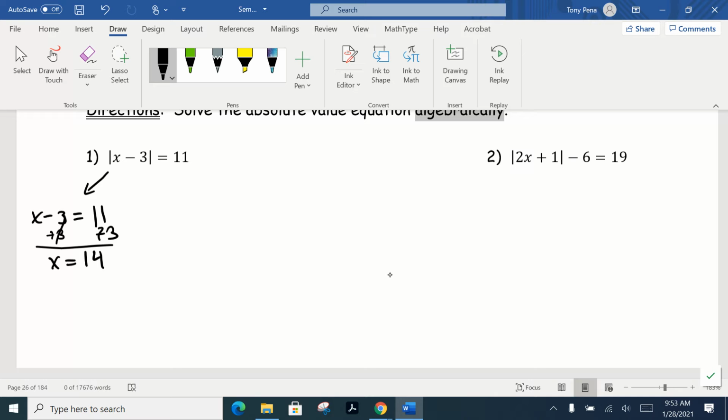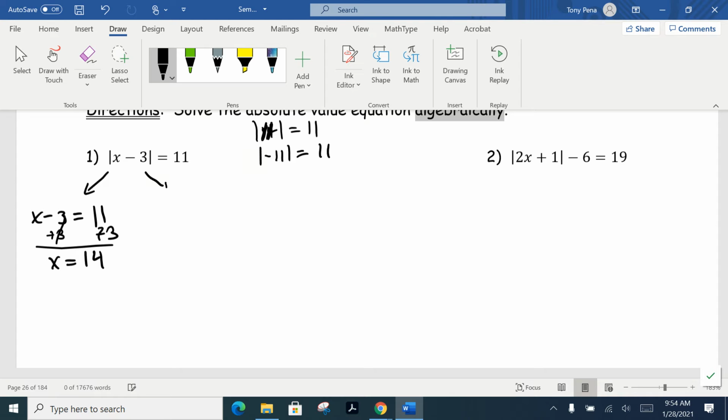Because if I want this to equal 11, aren't there 2 different numbers I can take the absolute value of? A positive 11 is 11. I'm sorry, 14. But yeah, positive 11 is 11. So that's why we took the left-hand side and set it equal to 11. But couldn't I also take the absolute value of a negative 11 and get that to equal an 11?